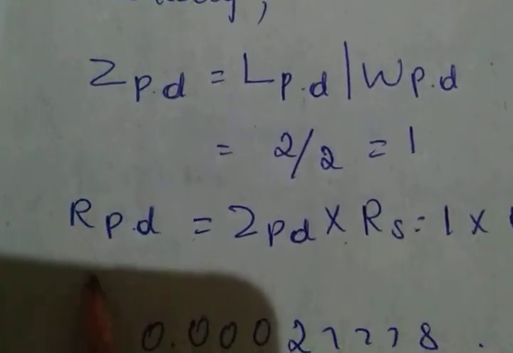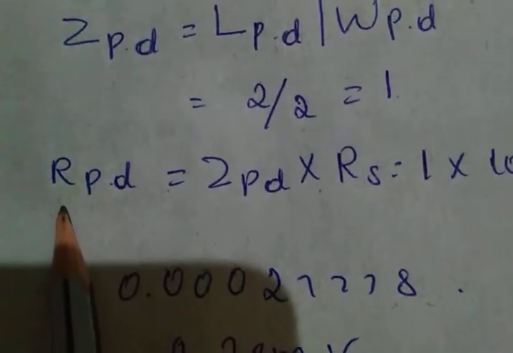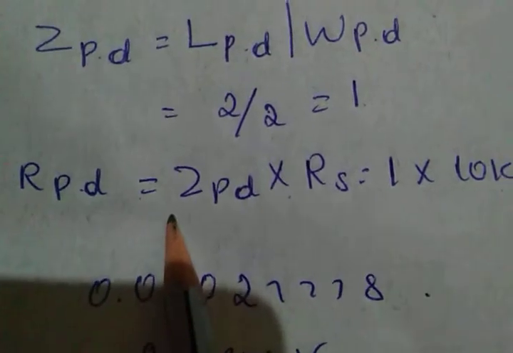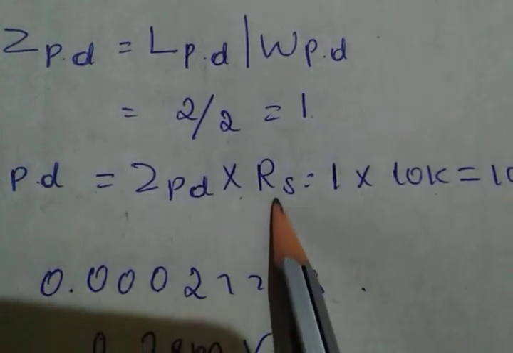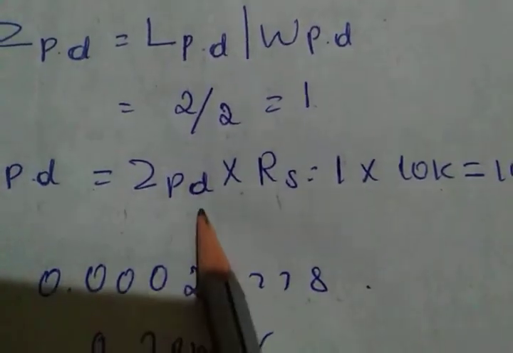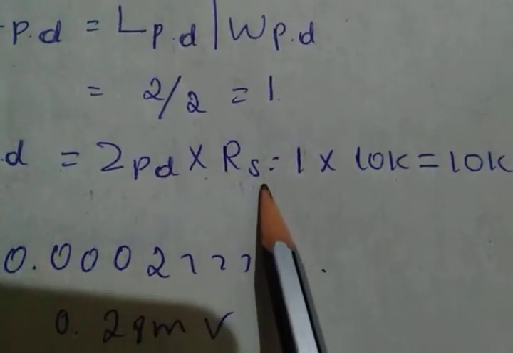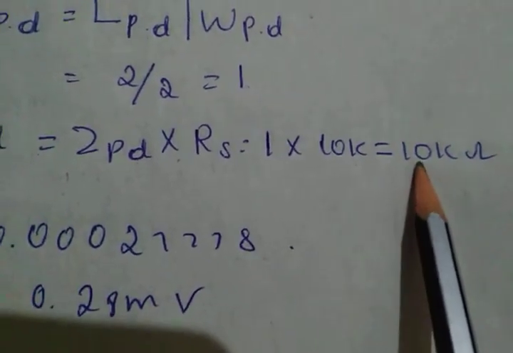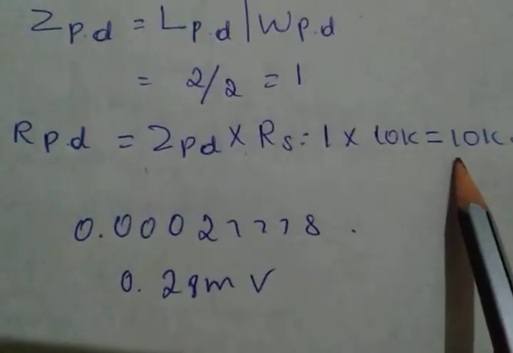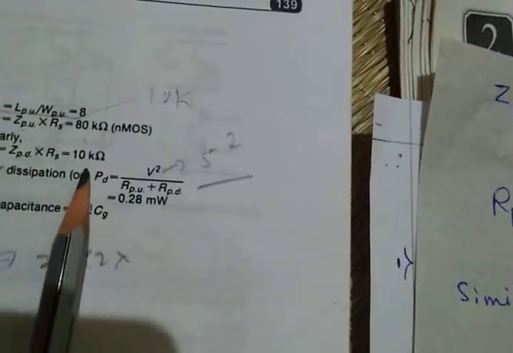The resistance of the pull down is equal to ZPD into RS, so ZPD is 1 into RS is 10K. This is the standard sheet resistance. So pull down I got 10K, and the pull up resistance I got 80K.